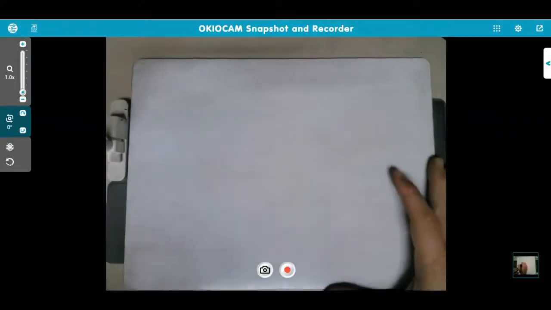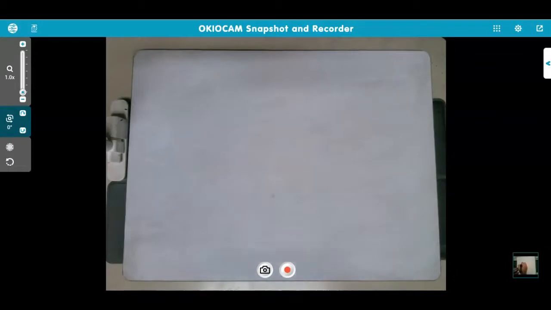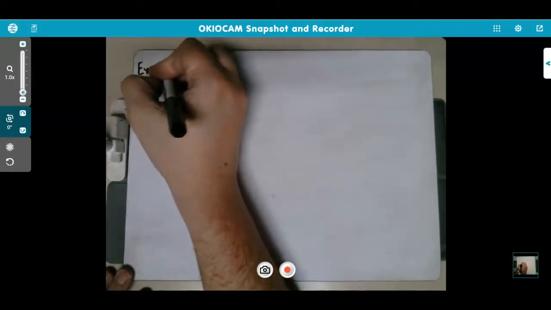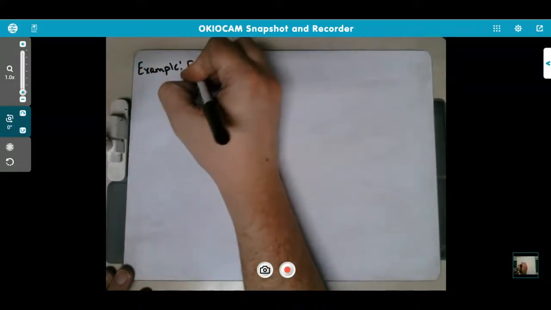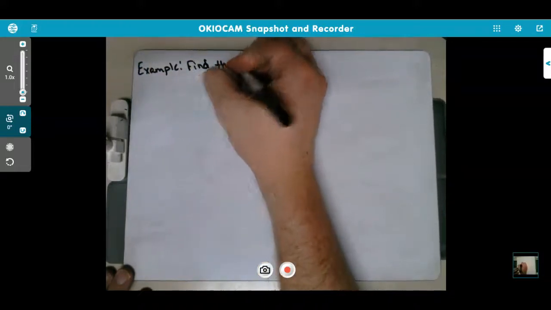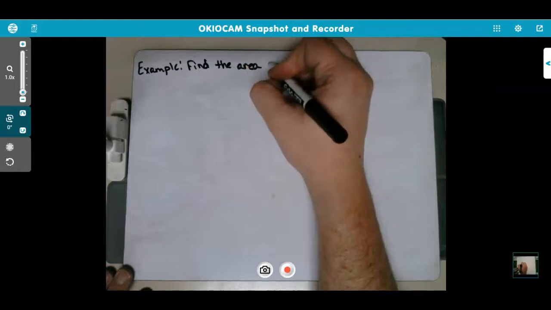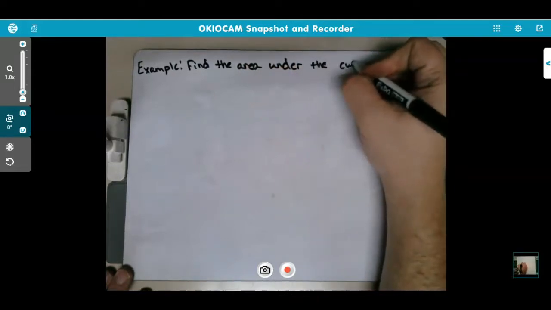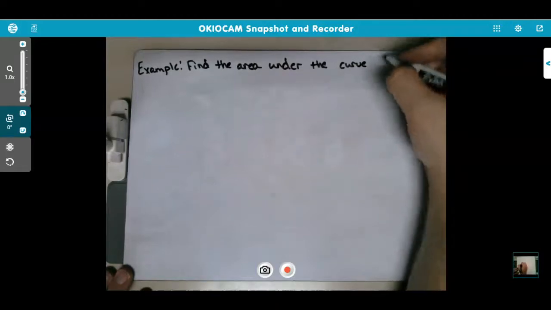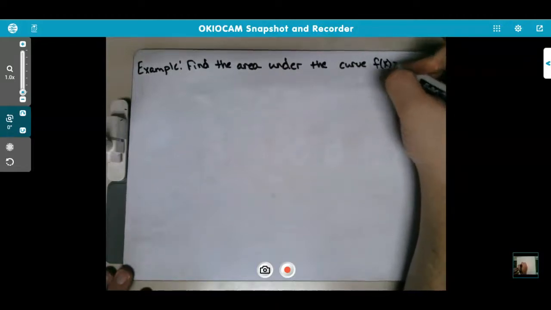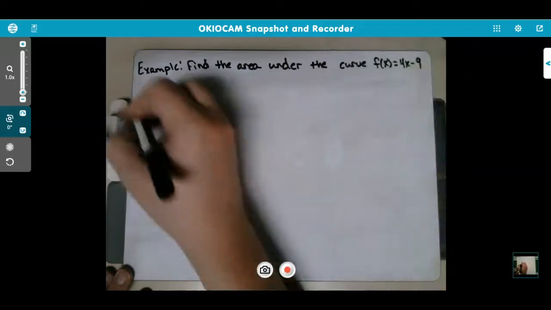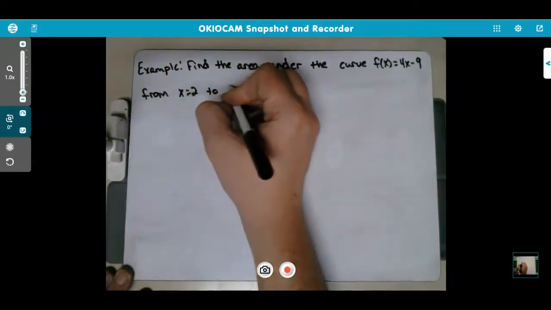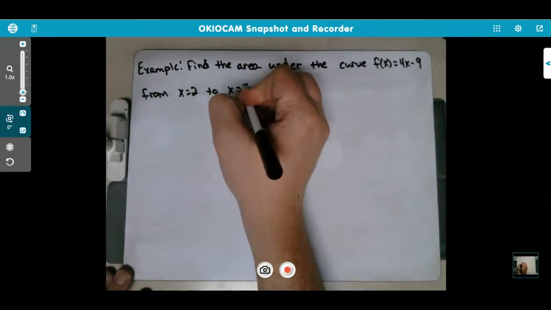Example. Find the area under the curve f of x equals 4x minus 9 from x equals 2 to x equals 5.